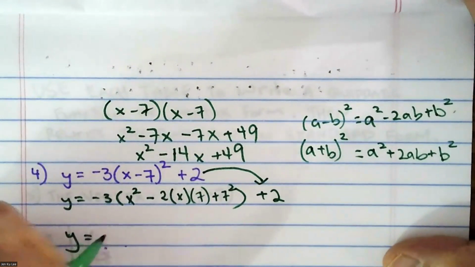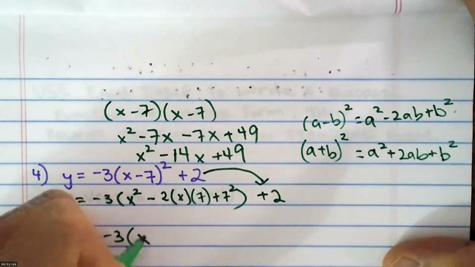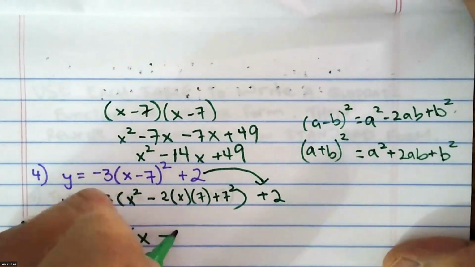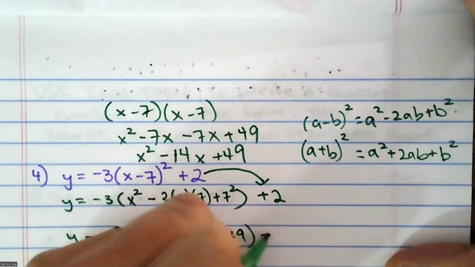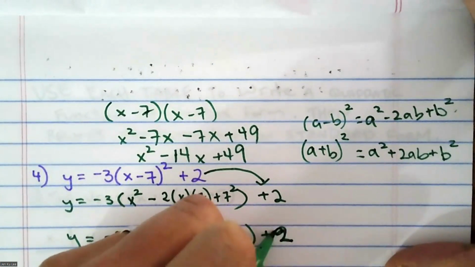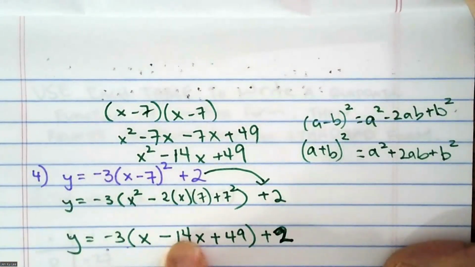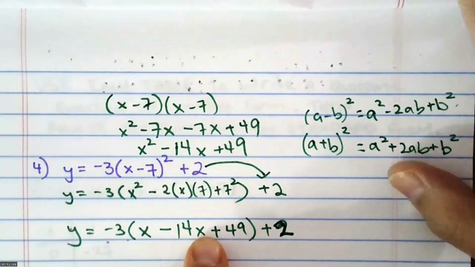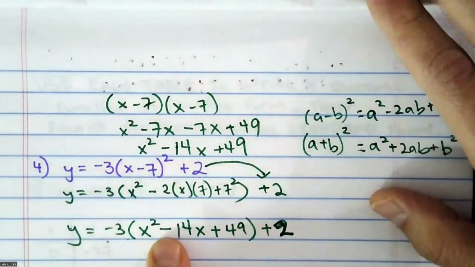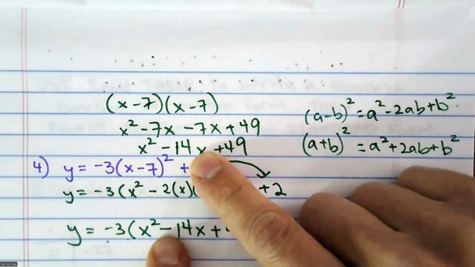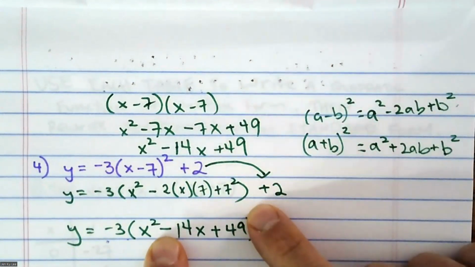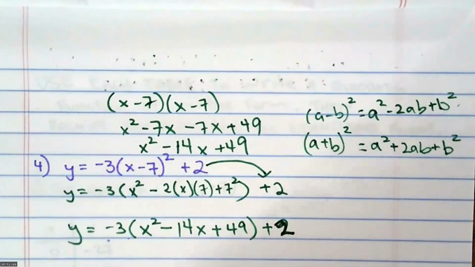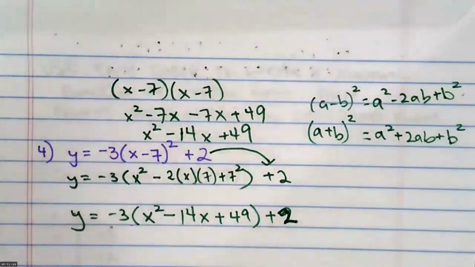So y equals negative 3 times x squared minus 2 times 7 is 14x plus 49, plus 2. Notice that I get the same thing, x squared minus 14x plus 49, that I got up here. I just gave you guys 2 ways to do the same thing. Now I'm going to distribute out the negative 3.